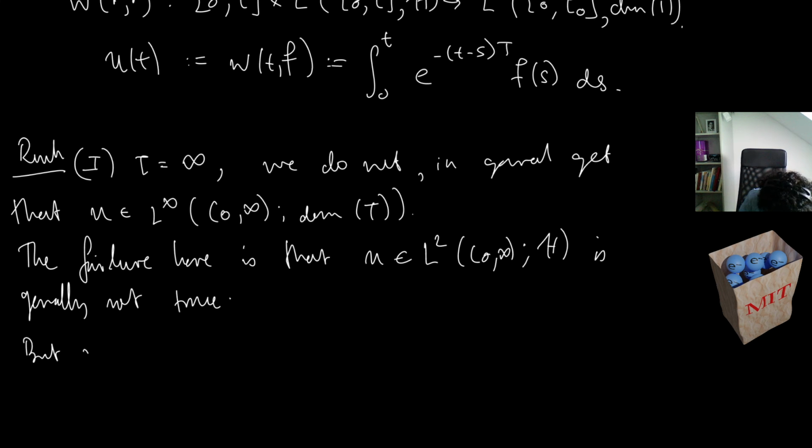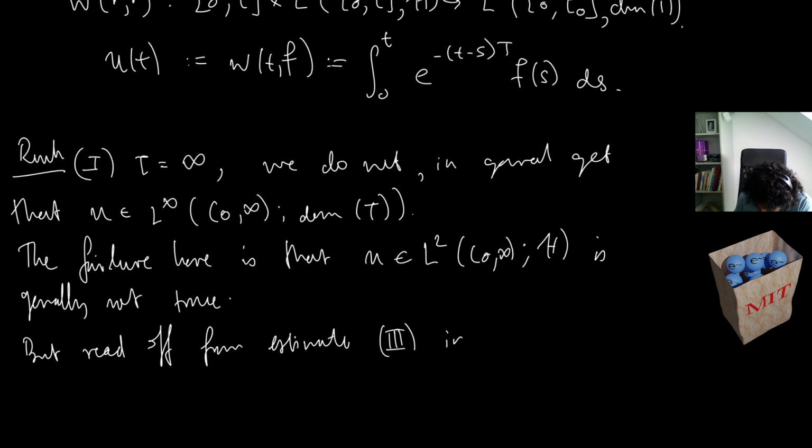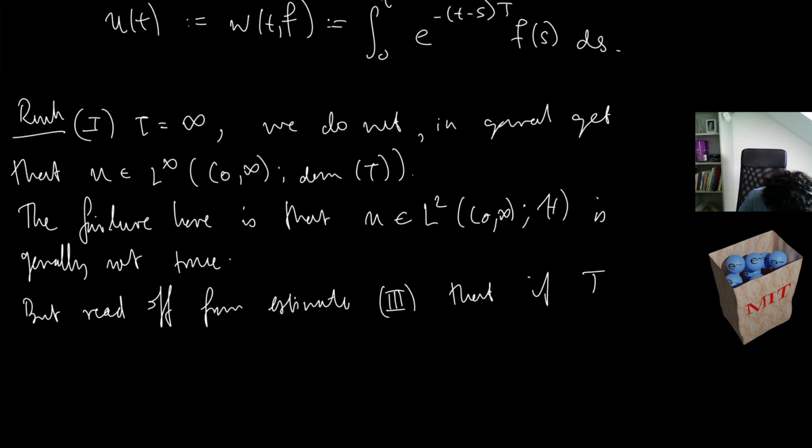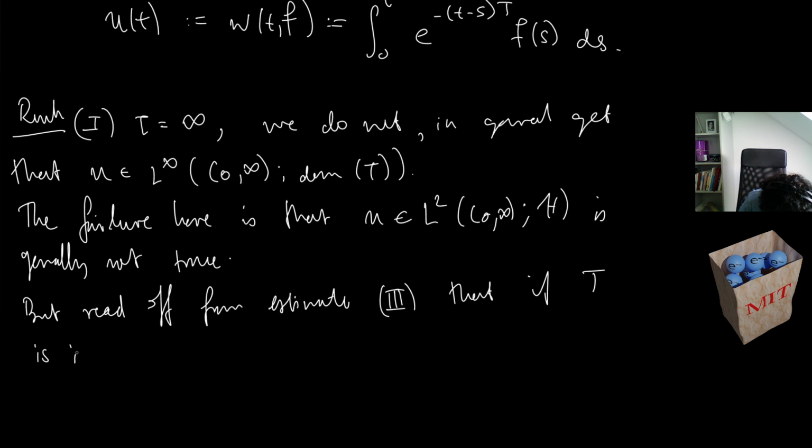But read off from estimate 3 that if T is invertible, then we have everything that we want, right?